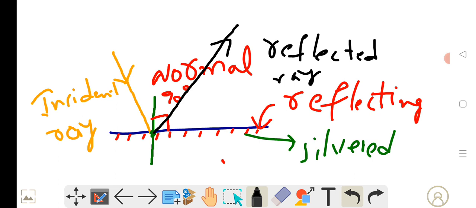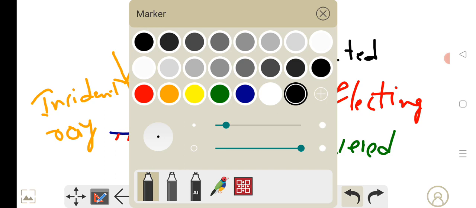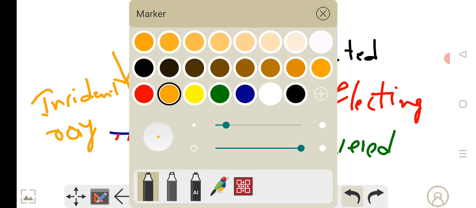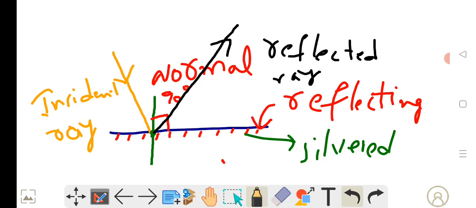Now measure the angle between the normal and the incident ray. We call this angle the angle of incidence. Let us take theta; angle I you can represent as theta.